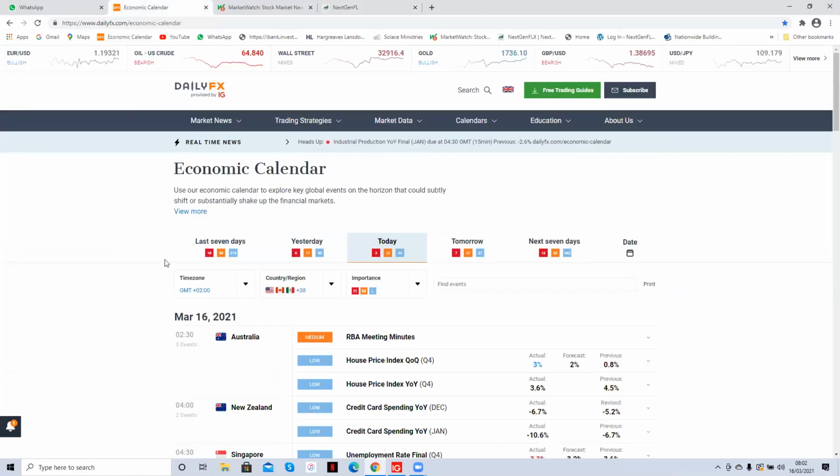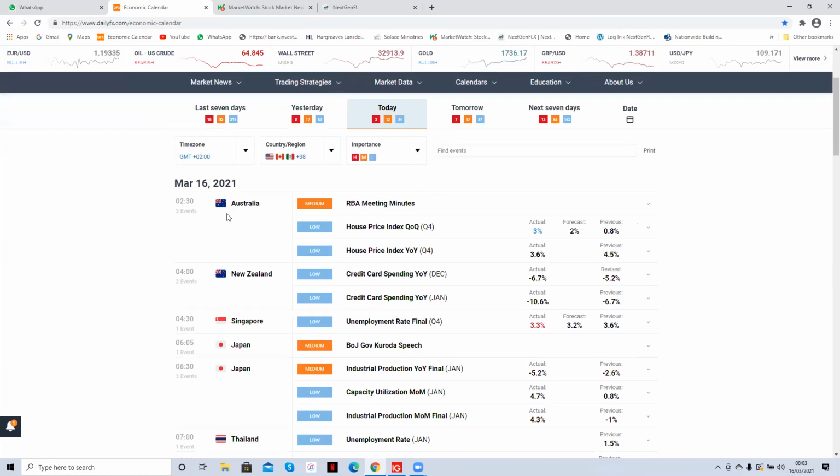Okay, so today is Tuesday, the 16th of March. And like I said, we're going to be looking at the Euro-US dollar and the dollar Canadian dollar. So we'll be looking for reports of medium importance and also high importance that could affect the euro, the dollar, or the Canadian dollar. Again, I'm using GMT plus 2, so all the times I'll be quoting are Rwandan times, GMT plus 2.